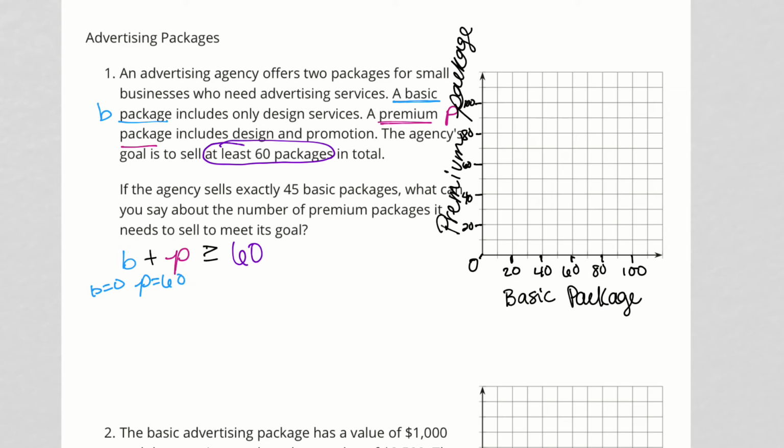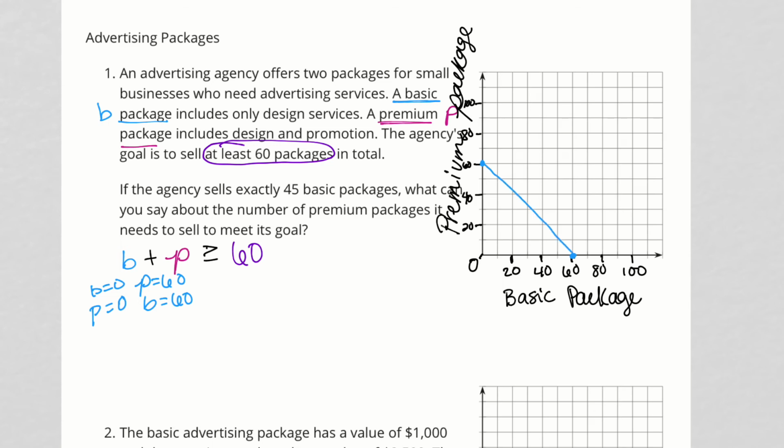When P equals 0, what does B equal? 60. We'll just find the exact intercept. So we're going to put a point at 60 on both of these, and we're going to connect them. Is it a solid or dashed line? Solid. Why is it solid? Because it's greater than or equal to.